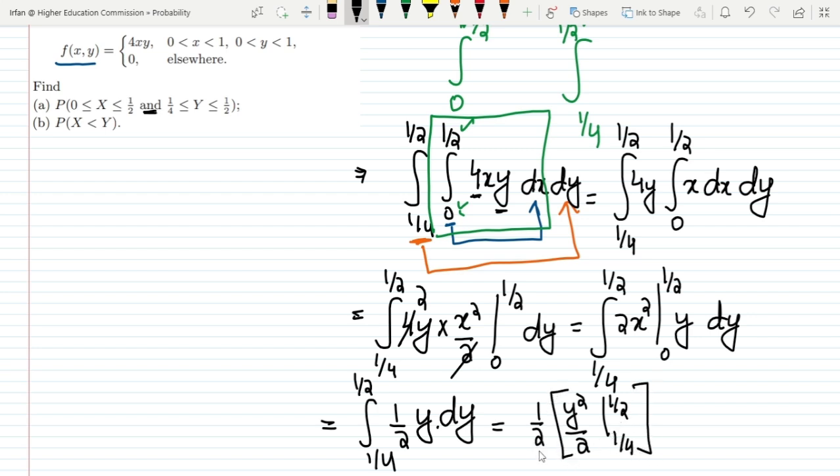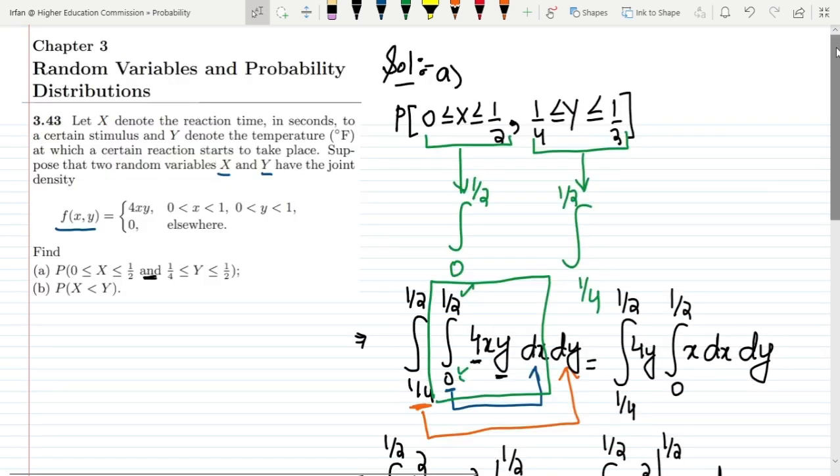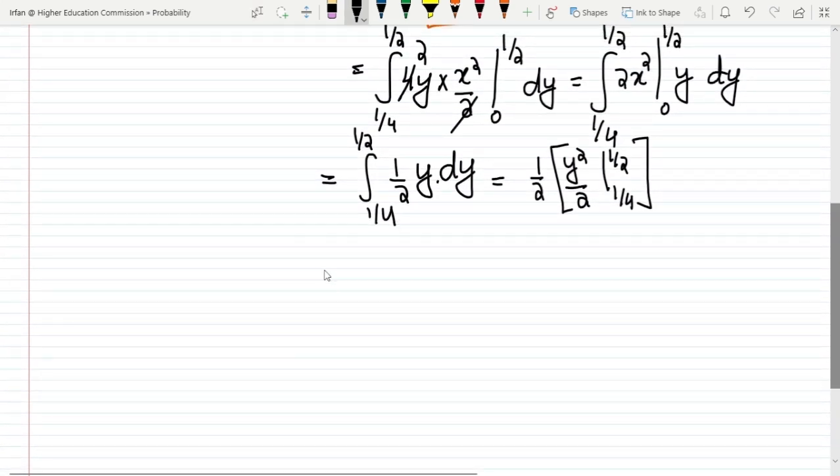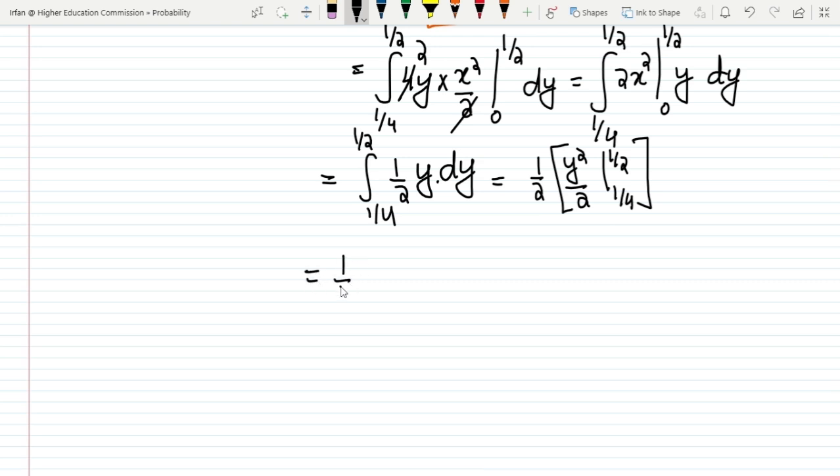Okay. So, these two will become 1/4. Putting these limits here, the higher limit is 1/2. So, 1/2 squared is 1/4 minus this 1/4 squared, this is 1/16.